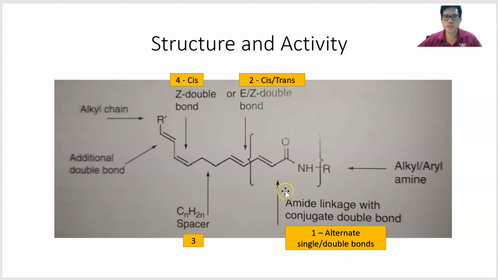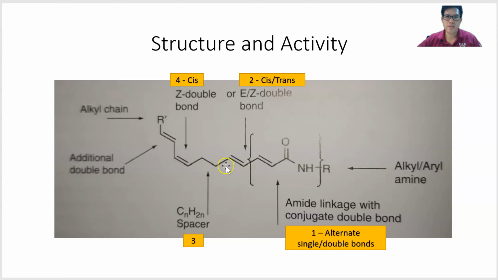In the chemical structure you can find these characteristics. First, you will see an amide bond, which links to a conjugated double bond. Conjugated means alternating single and double bonds. So this is the first characteristic. Second, the double bond will be in either a cis or a trans configuration.